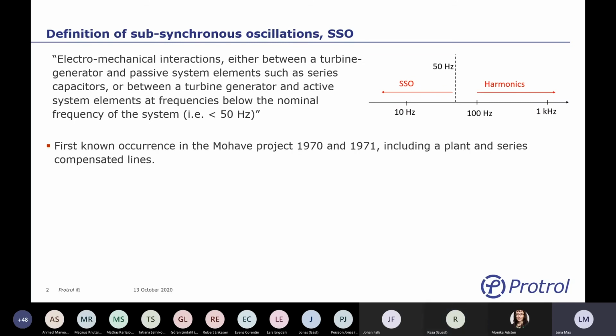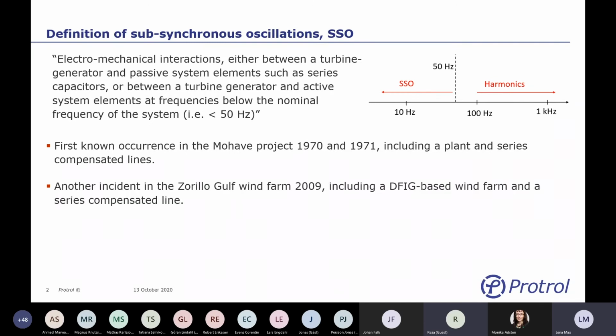This was first experienced in 1970 in the Mojave project, when there was a subsynchronous oscillation including a plant and a series compensated line. Another incident was experienced in 2009, this time including a wind farm with doubly fed induction generators and also a series compensated line.